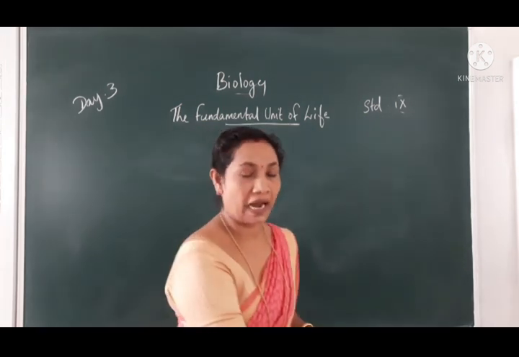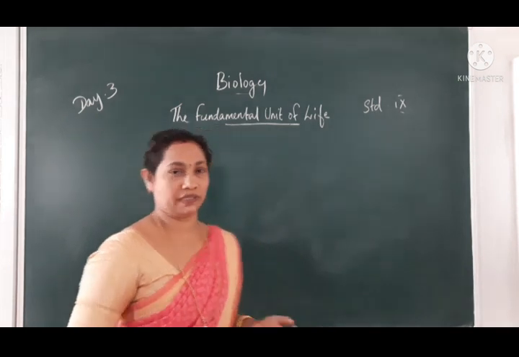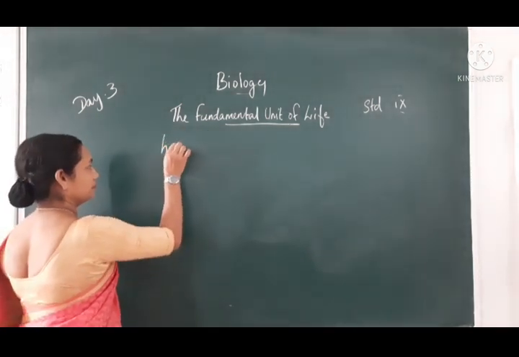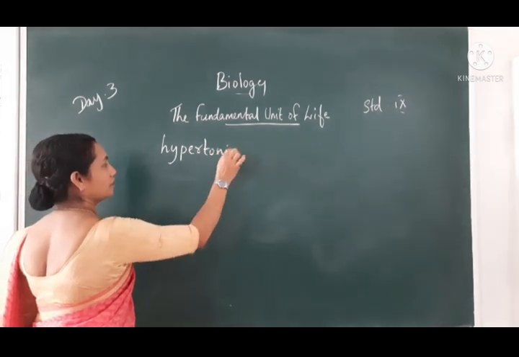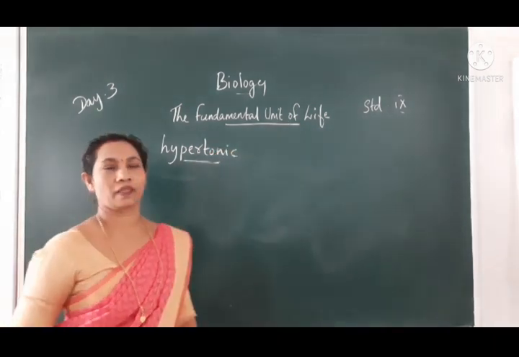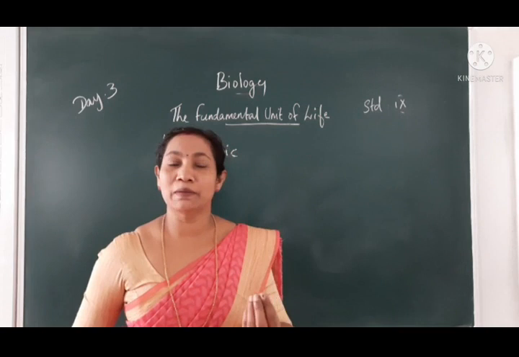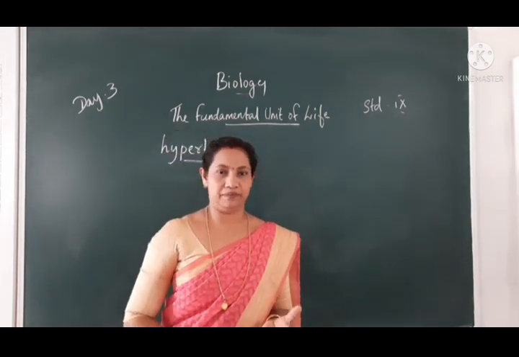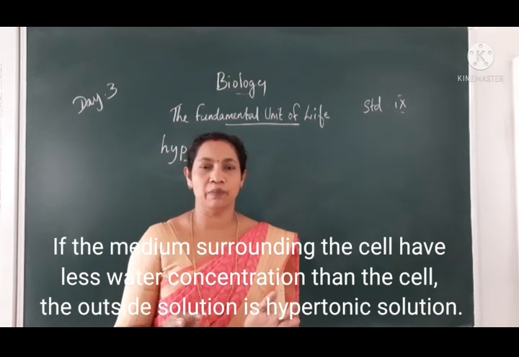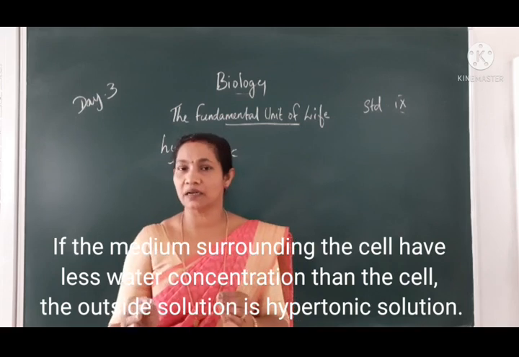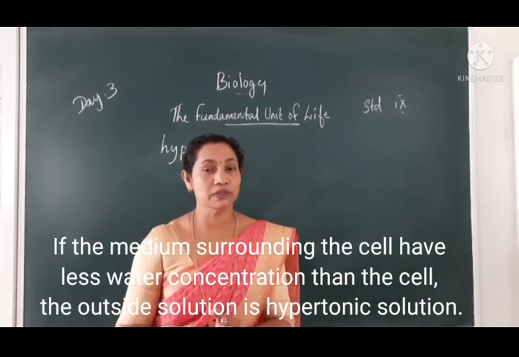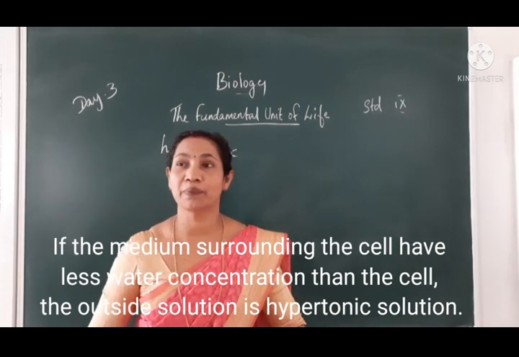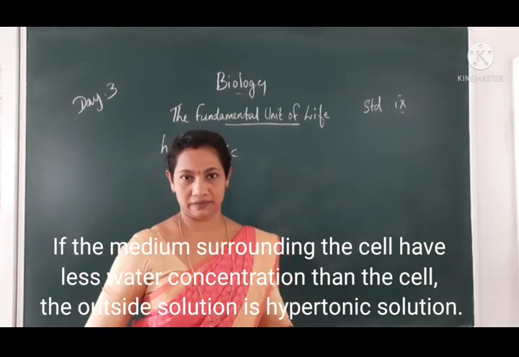First one is hypertonic solution. When a cell is placed in one medium, if that medium has less water concentration than that of the cell, that solution is known as hypertonic solution.